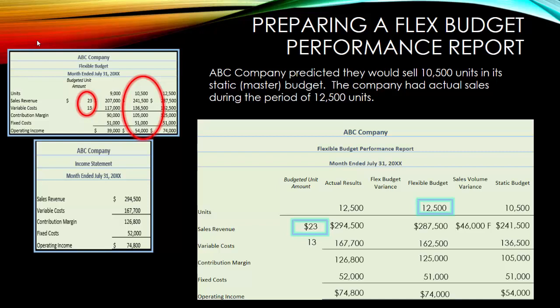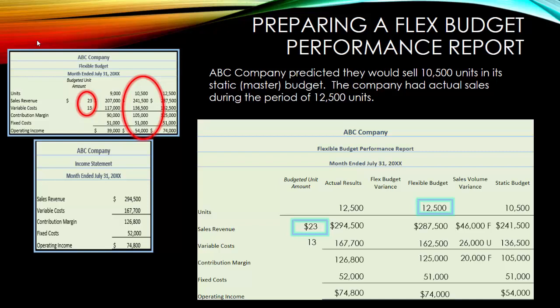Let's just move on down the line. For variable costs, static budget said $136,500, but the flex budget says we should have had $162,500. That is a difference of $26,000, and it is unfavorable. Why? Because it's more cost, and paying more cost is bad for the company. The difference between our static budget and flex budget contribution margin was $20,000, and it's going to be favorable because more contribution margin is good for the company.